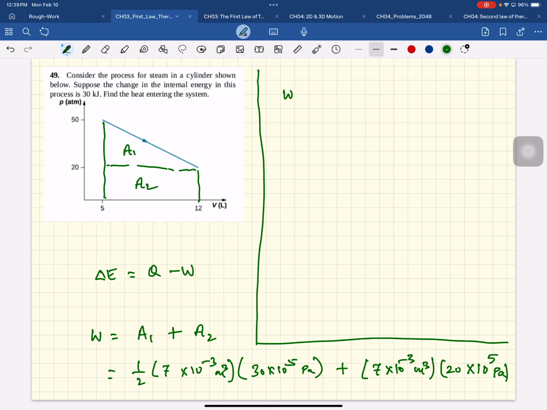All right, so the work done is 10 to the power 2 times, 3,000 times 7 is 21,000, divided by 2 is 10,500. And this is, again, 2,000 times 7, 14,000.